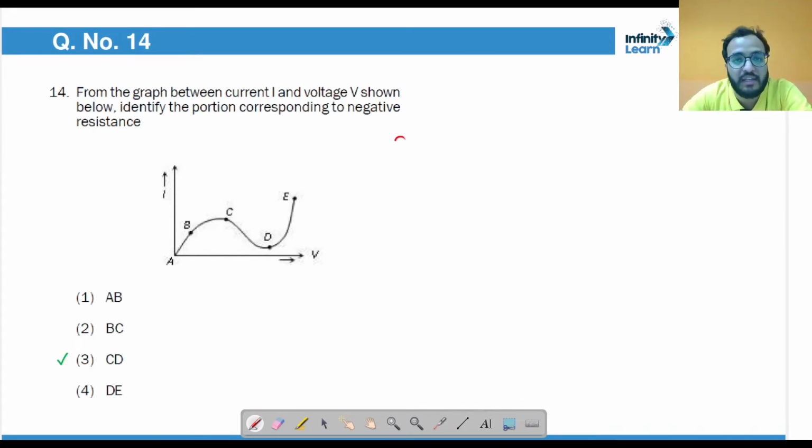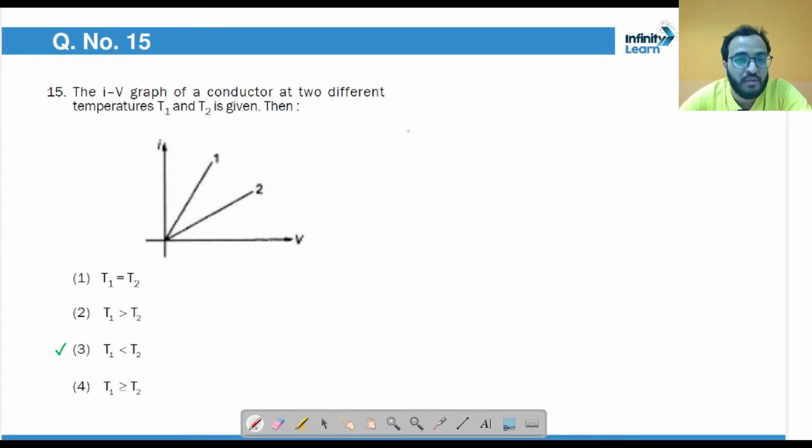Now we know that dV by dI, that is the slope of this graph, is going to give you the value of resistance. So slope is negative in this particular portion. That is why here the resistance will be negative. See, IV graph. V equals IR, so delta I upon delta V is equal to 1 by R. And resistance depends directly on temperature.